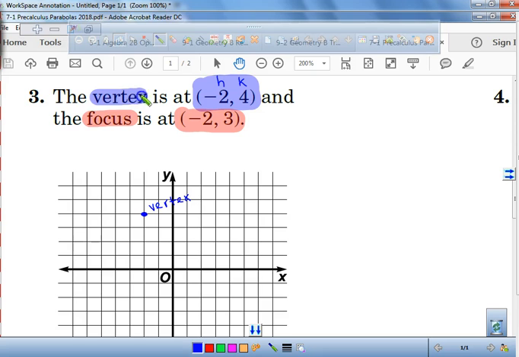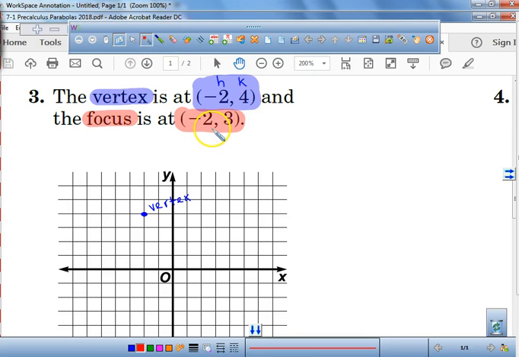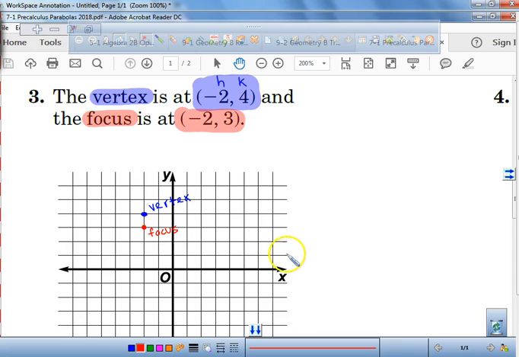So the vertex is in blue, the focus is in red. I know it's not perfect red, but it's a highlight. So we go -2, 3, and put a point right there, and label that as your focus. Now, if the focus is right here and the vertex is right here, that's a clue that my parabola will be opening down, because the focus is always close to the vertex.